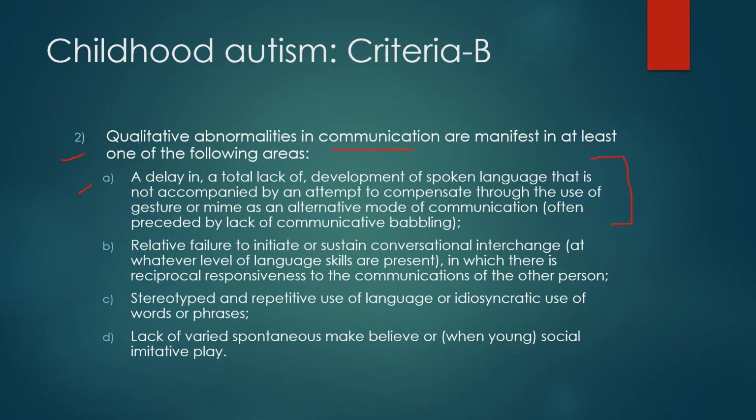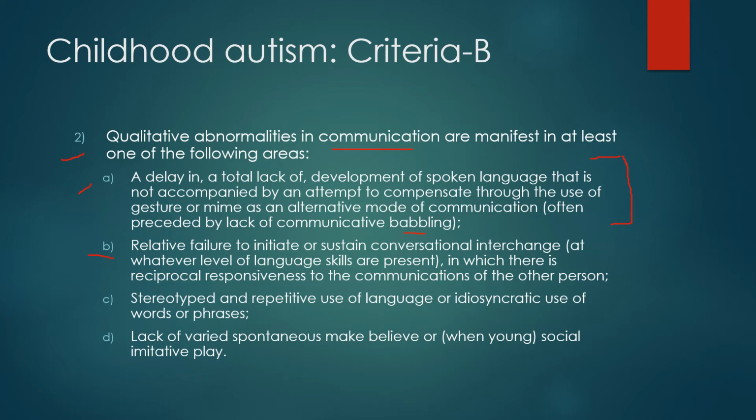So from early age, there is a delay or a total lack of spoken language that is not accompanied by an attempt to compensate through the use of gesture or mime as an alternative mode of communication. And this is often preceded by lack of communicative babbling.